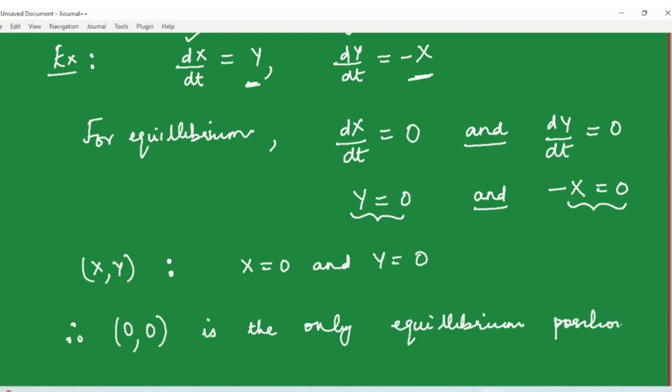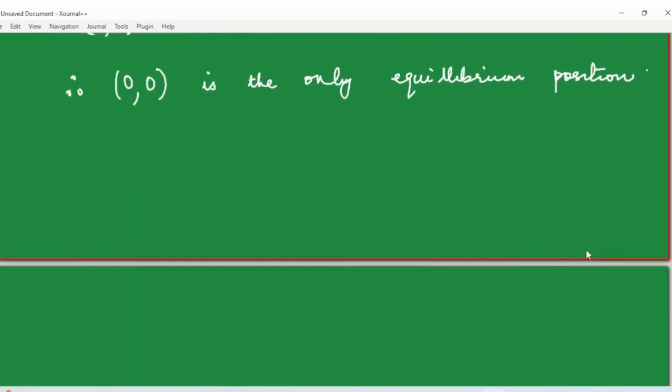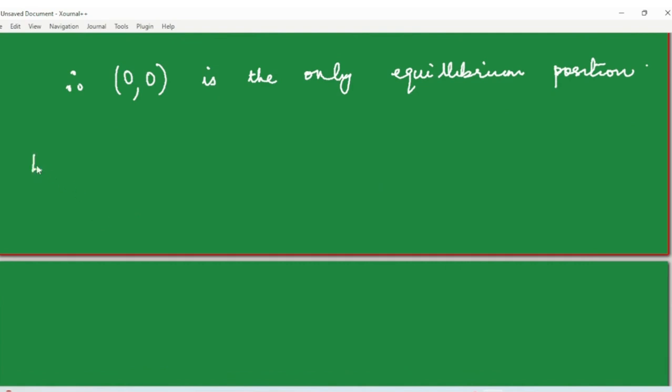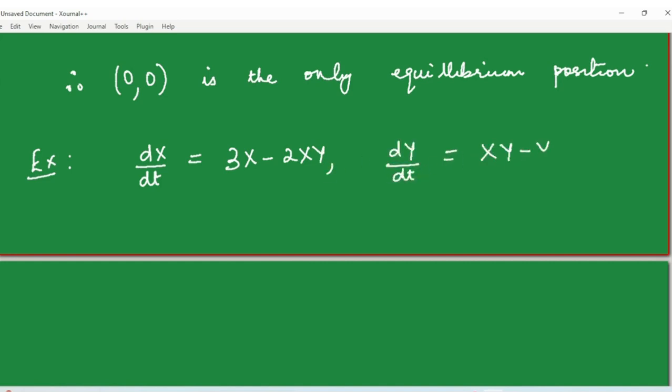Now let's do 2-3 more problems to understand the idea of finding equilibrium points and how to find them. Let's look at the second example now. Suppose there is a model which is given by dx by dt equal to, let's say, 3x minus 2xy and dy by dt is, say, xy minus y, and we are expected to find the equilibrium positions.